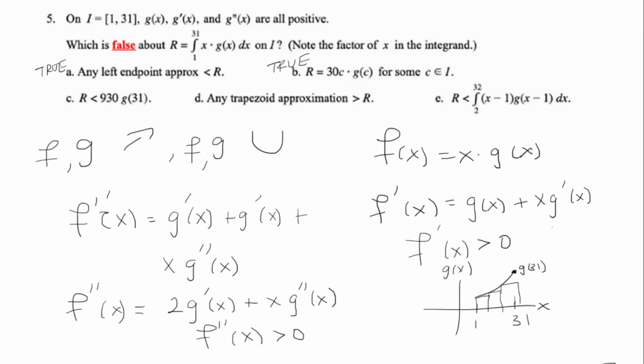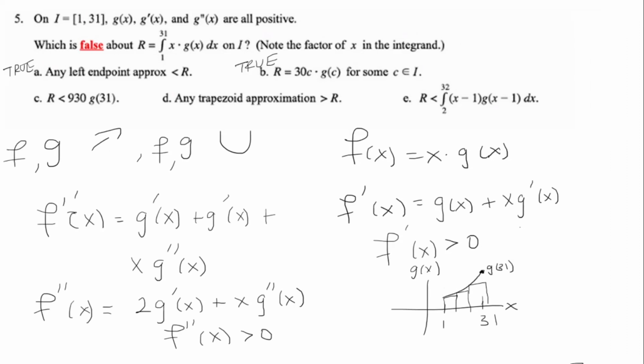And if I were to draw a rectangle with height g of 31, so it looks something like this, the base would be length 30, right? So this will be from 1 to 31, which is length 30. The height will be g of 31. This total area then would just be 30 times g of 31. And we know this is definitely greater than r.